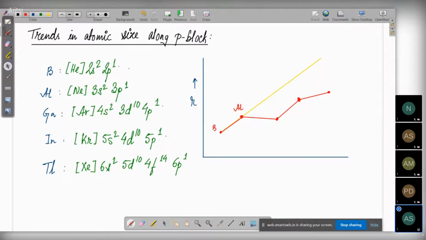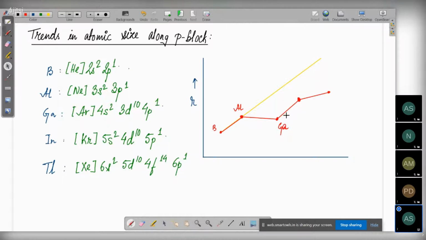Normally, our expected trend should have been that atomic size increases down the group. That means from boron to thallium, atomic size should increase. But in reality, from boron to aluminium, atomic size increases. From aluminium to gallium, the atomic size is practically similar, although gallium should have been larger.